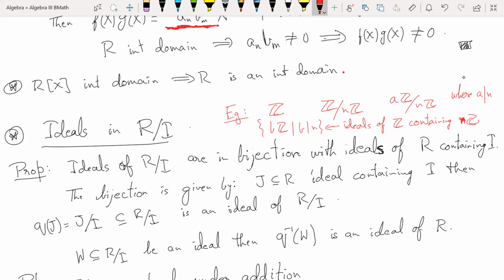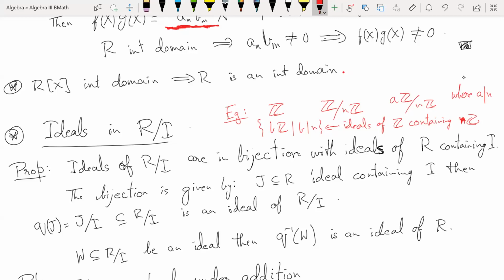The first observation is that J mod I is not just a subgroup of R mod I, it's actually an ideal of R mod I. So this is the bijection in one direction: from ideals of R containing I to ideals of R mod I, J going to J mod I.